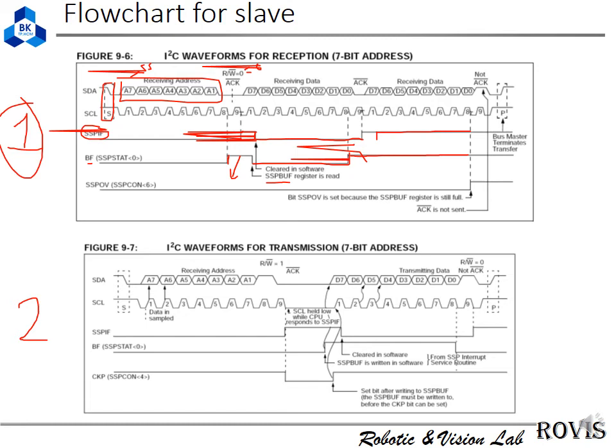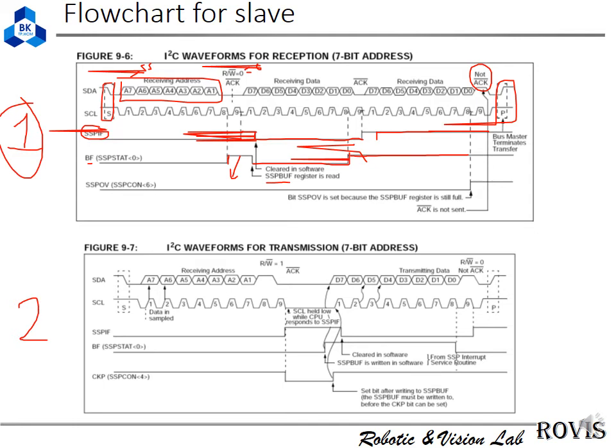When it runs to the bit number 9 here, the ACK is not valid, so there is no acknowledgement. Here we give the stop bit, and okay, we go to mode number 2.